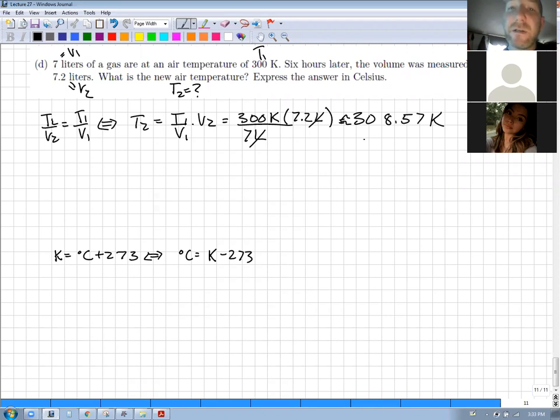So this would be 308.57 minus 273 degrees Celsius. 308.57 minus 273 is 35.57 degrees Celsius. Any questions?